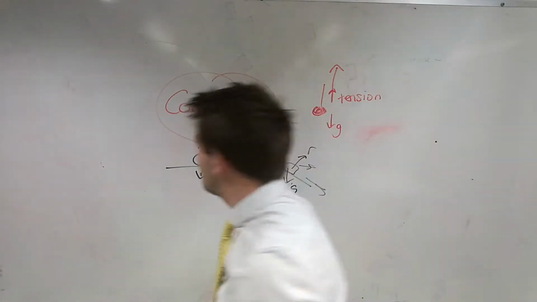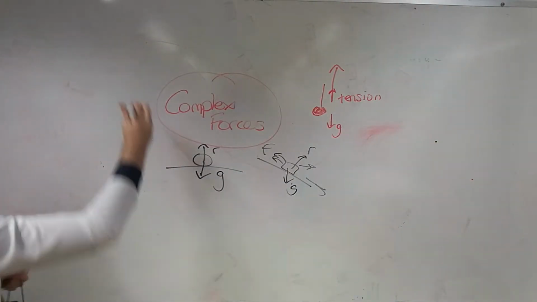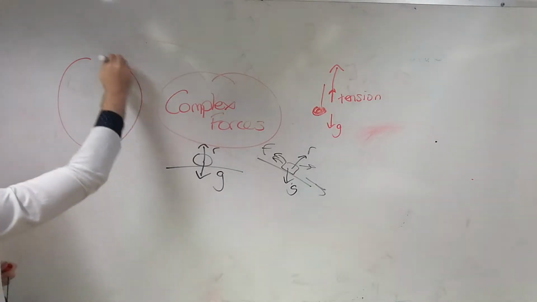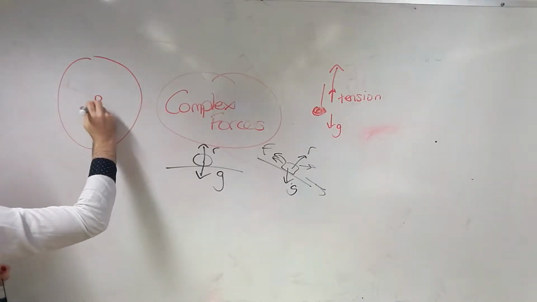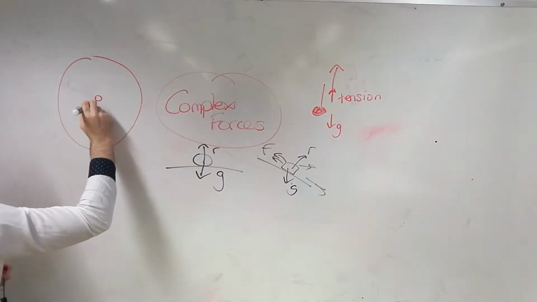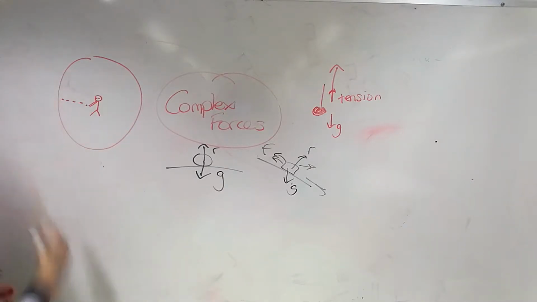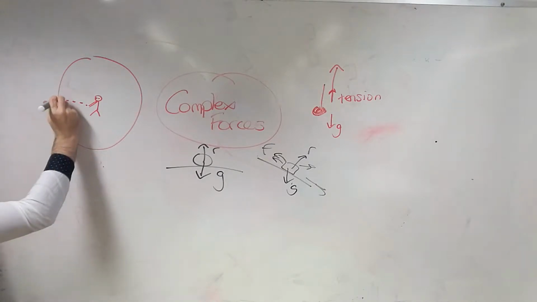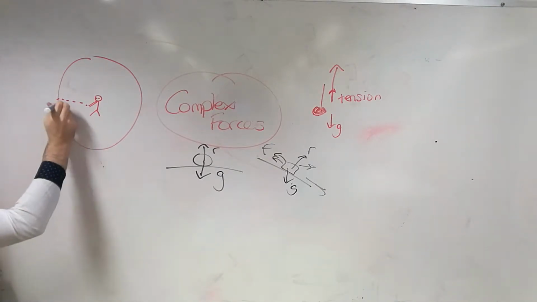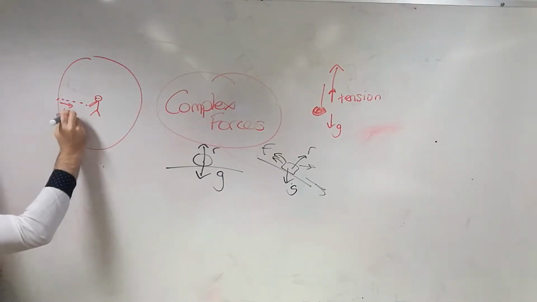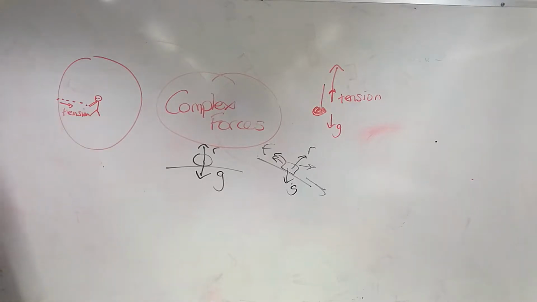It goes in a circle from the tension. If I have my circle here, and here's me in the middle, holding the string. At this point here, the gravity's going down, but the tension is moving in.